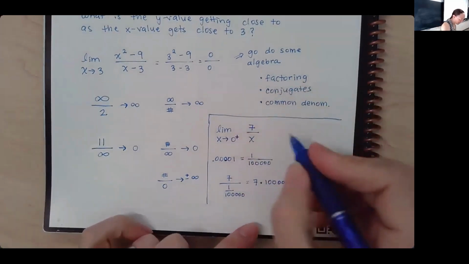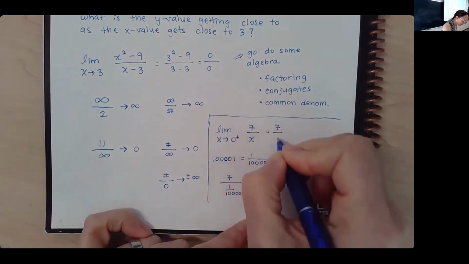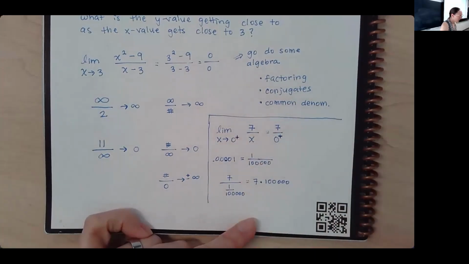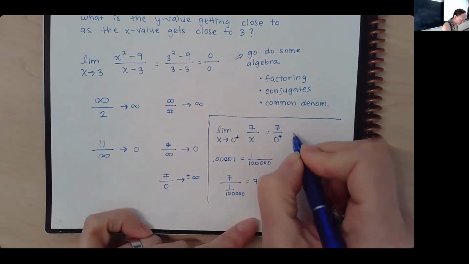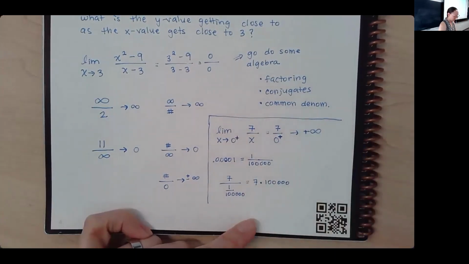Meaning, when I think about this, my top is 7. The bottom, if I plug it in, is 0, but a little bit positive. And a positive number over a positive number is headed to positive infinity.